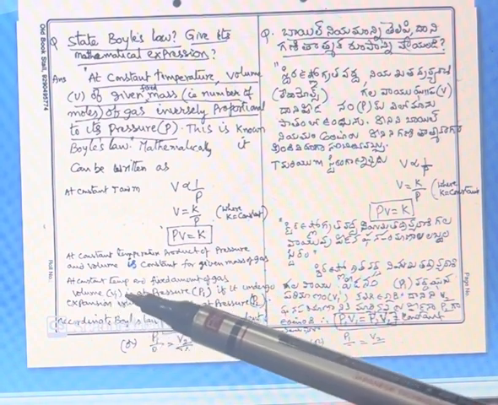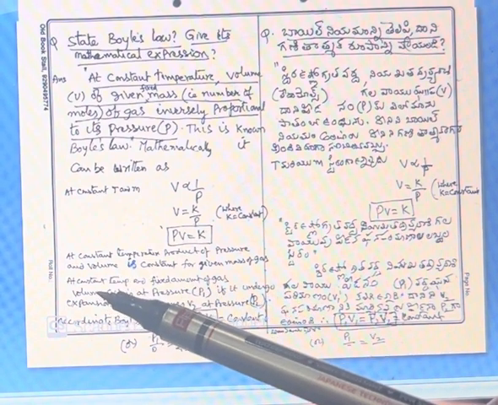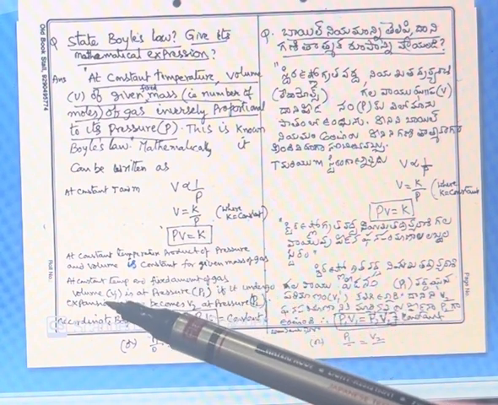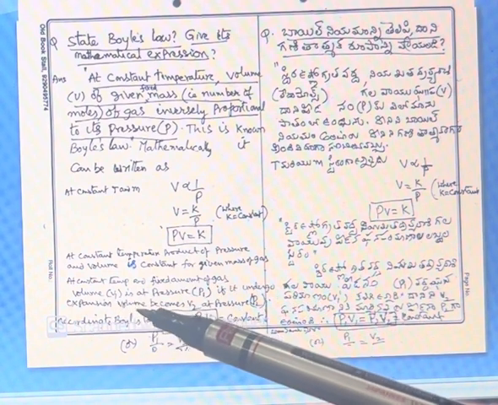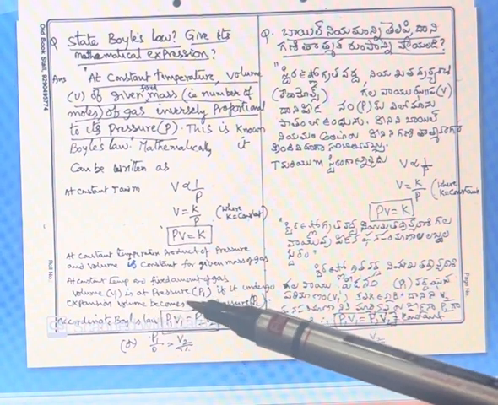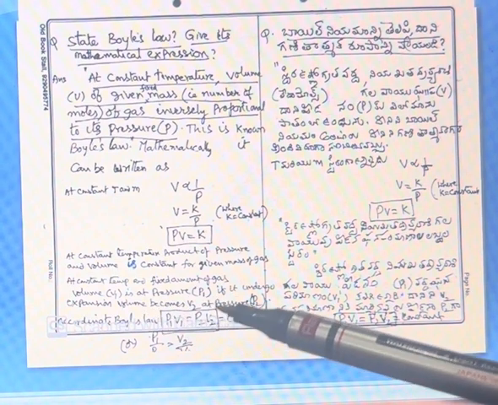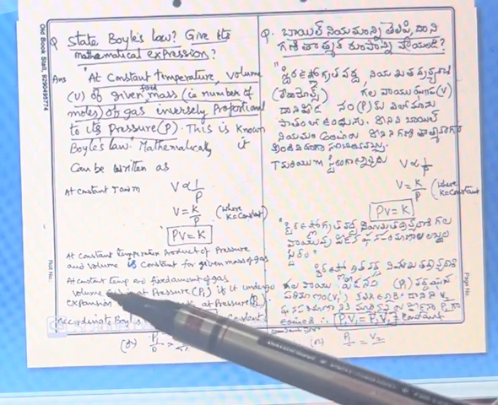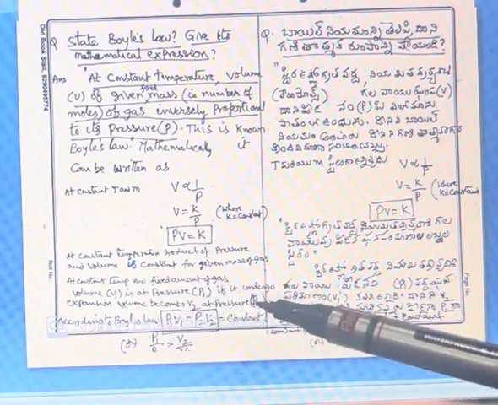For example, at constant temperature for a fixed mass of a gas, in the first state the volume is V1 and pressure is P1. These are changed through some expansion. The volume becomes V2 and P1 becomes P2.